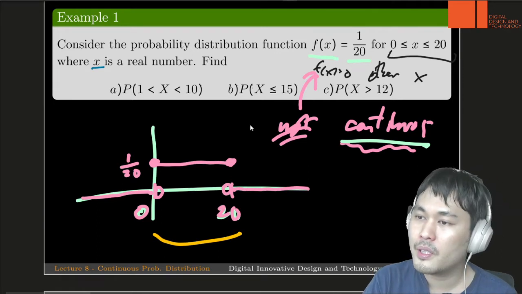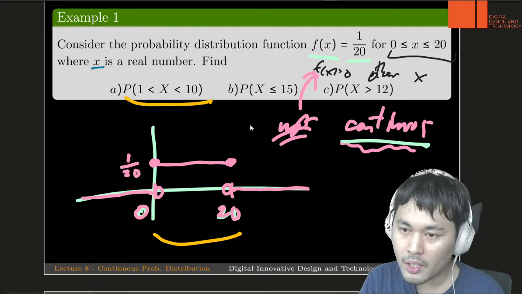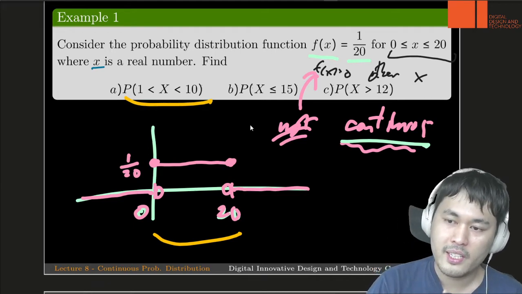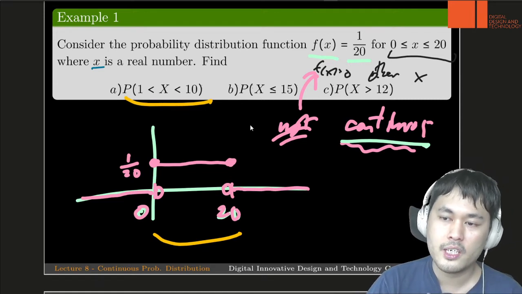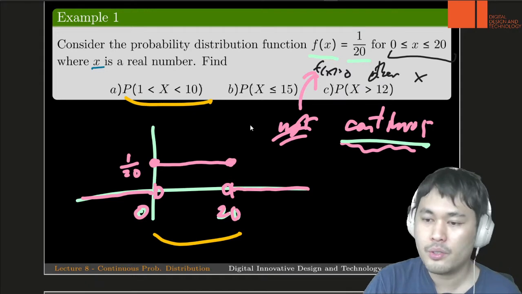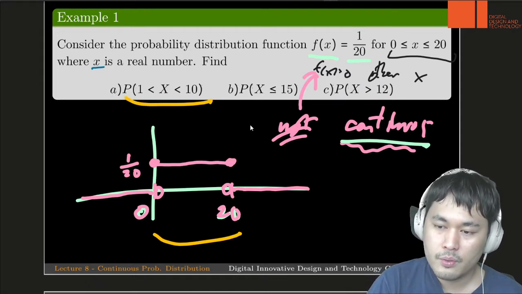So then these two questions ask about computing the probability using the function. Start with the first: the probability that x is between 1 and 10. What does it mean here? We have to go back to the definition. To find the probability, we first mark 2 points.